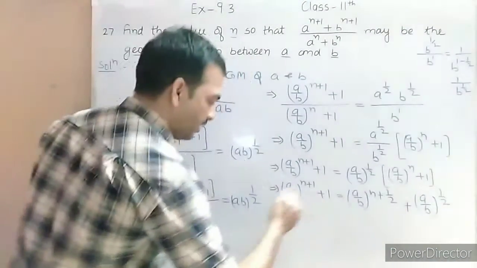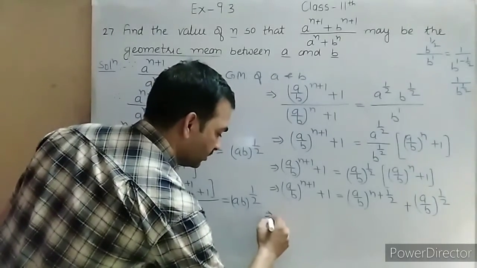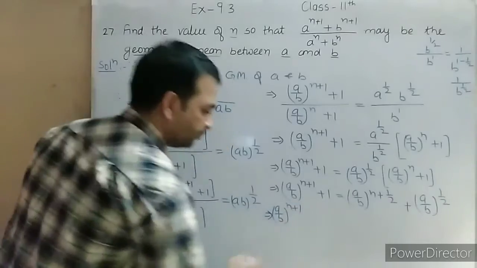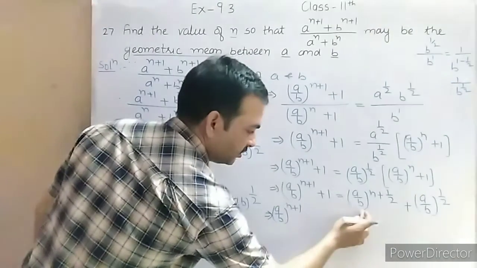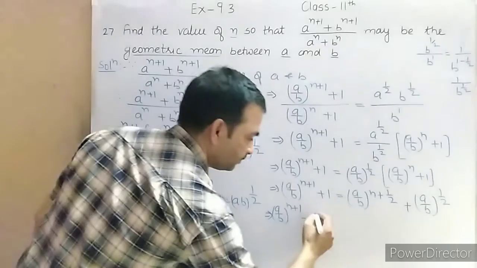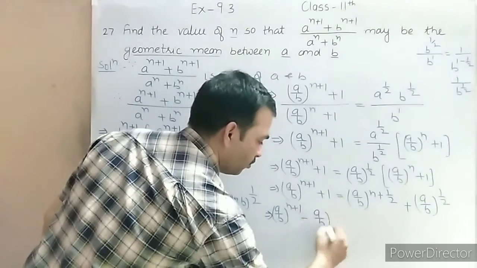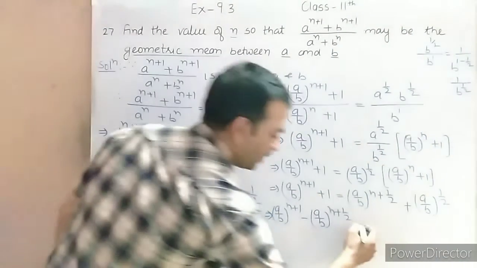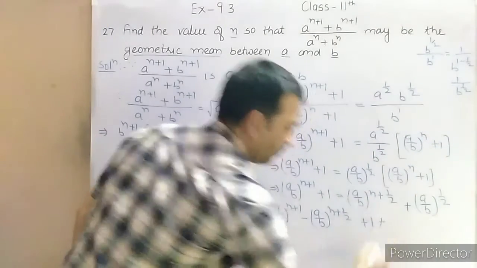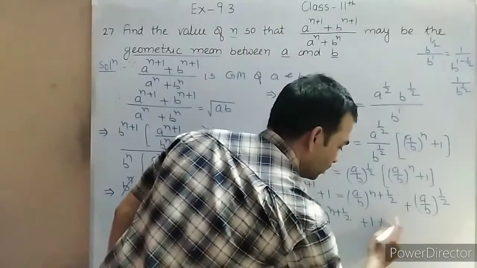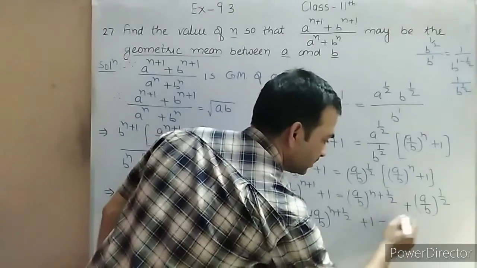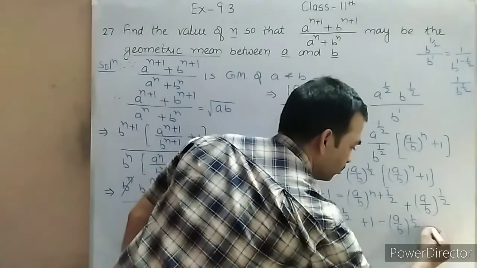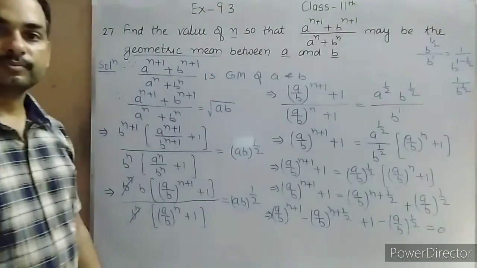Now taking everything to the left-hand side, we get (a/b)^(n+1) minus this one term, (a/b)^(n+1/2), plus this term, minus (a/b)^(1/2), equals 0.